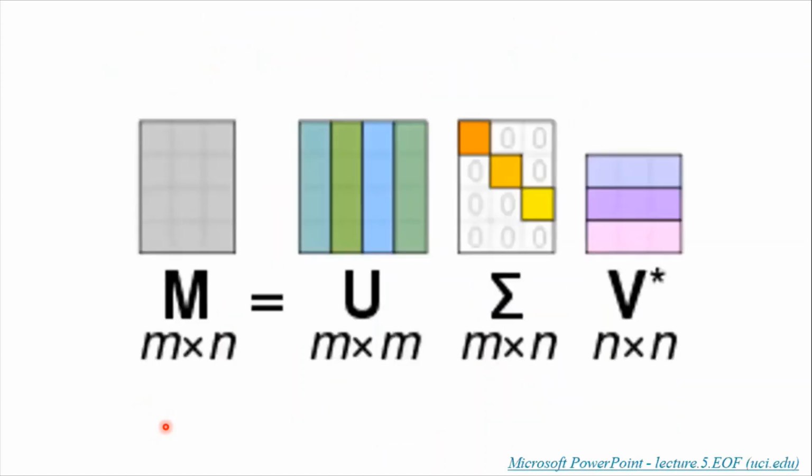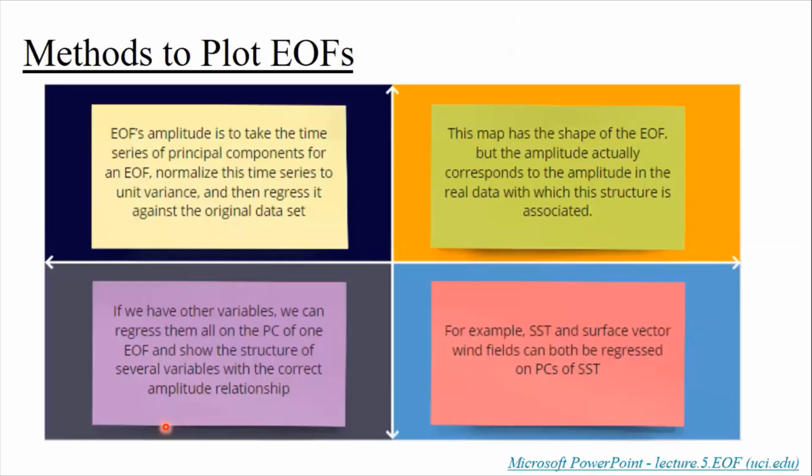Let's move ahead. From this plot, you can understand what singular value decomposition really means. Methods to plot EOFs: one of the simplest ways is directly plotting the EOFs on the Indian or the world map. Another method to get the EOF's amplitude is to take the time series of the principal component of an EOF, normalize this time series to unit variance and then regress it against the original dataset.